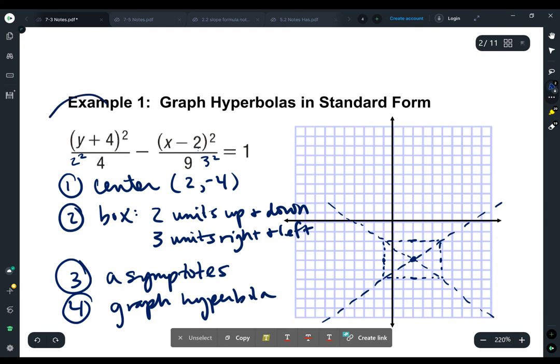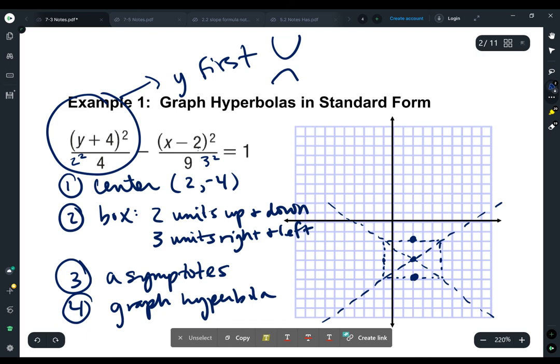Because my y is first, it's going to open up and down. And so I'm going to have a vertex right here on the box and right here on the box. And then when I draw my graph, I'm going to go through my vertex and get closer and closer to my asymptotes. Same thing on the other side, through the vertex, closer and closer to the asymptotes.